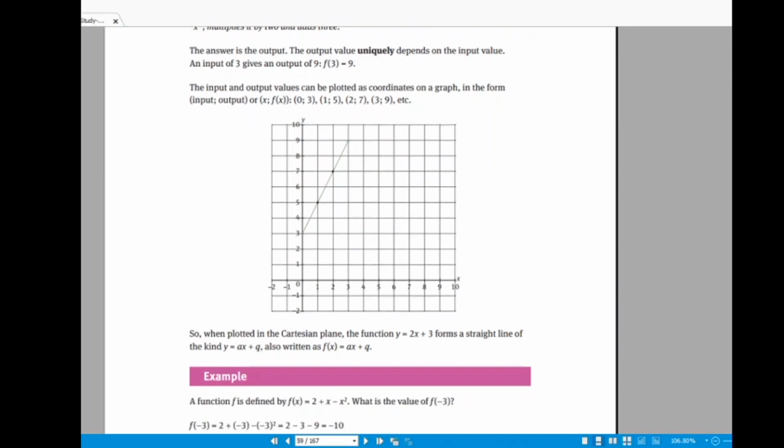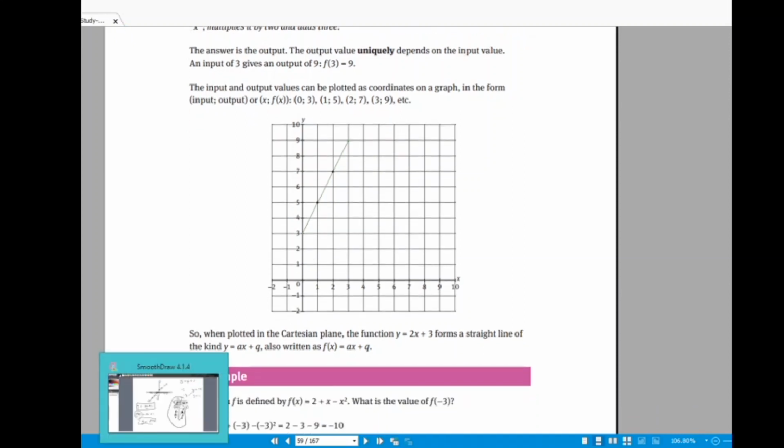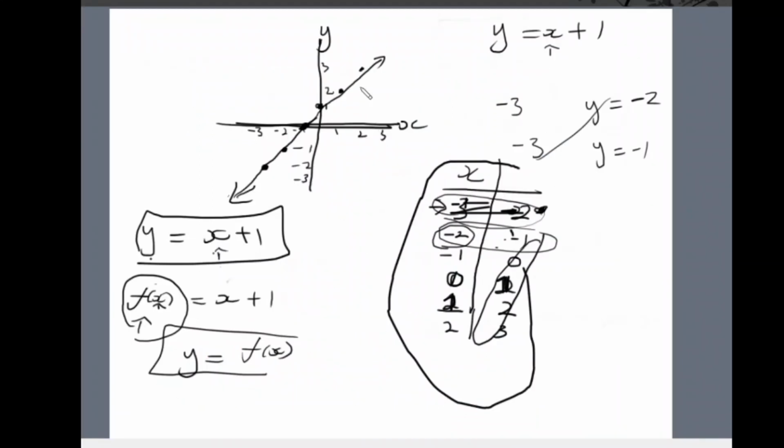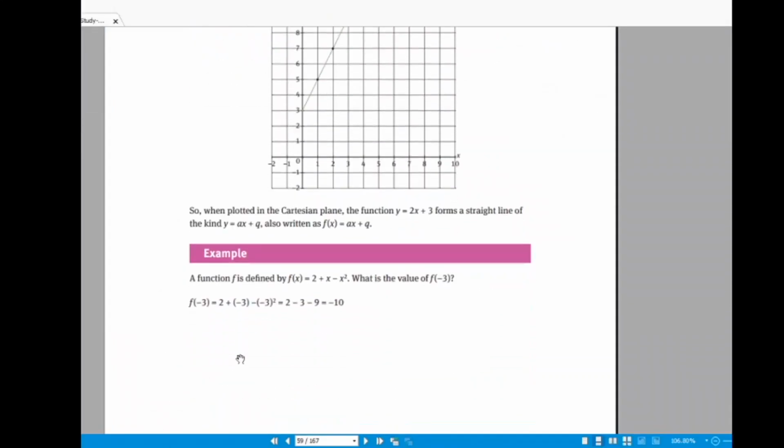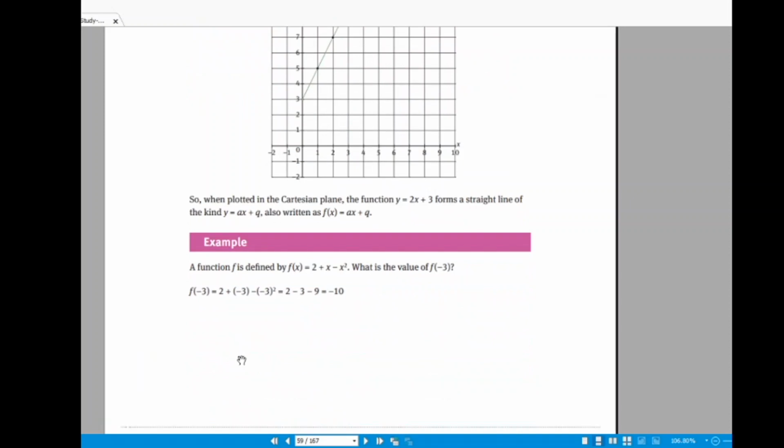and as I explained here, another way of representing a function is to have points plotted on the Cartesian plane, and these will be ordered pairs of inputs and outputs, or independent and dependent variables. Okay. So when we plot in the Cartesian plane, the function forms a straight line of that kind.